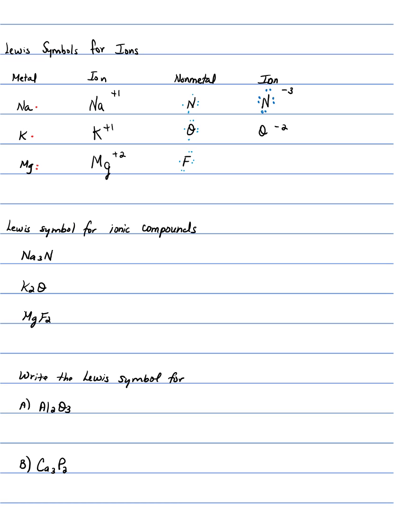So if the ion of oxygen has a charge of -2, it means that it's going from 6 electrons when it's neutral to 8 electrons because it's gaining 2. So we have to write down 8 dots around the symbol for oxygen when we're writing the Lewis symbol for the ion of oxygen. So we have 8 dots around oxygen again.